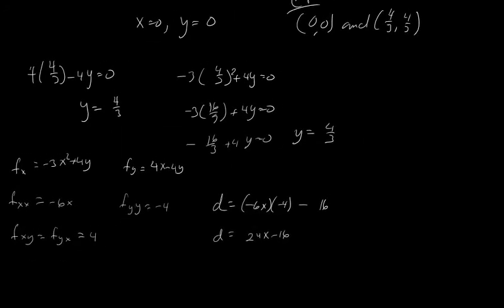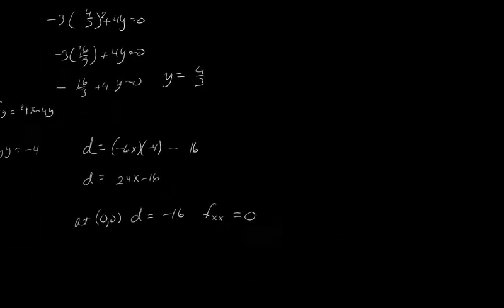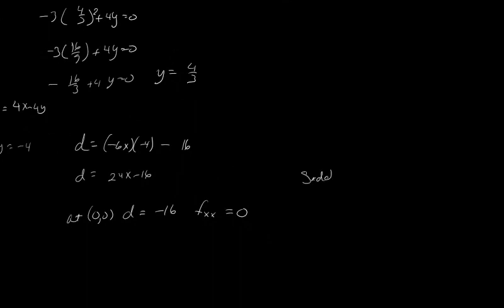We need to know if this is positive or negative given the points we're working with. At (0, 0), d is equal to negative 16, and f sub xx is equal to 0. But d is negative, so that tells us right away that we are dealing with a saddle point at (0, 0).